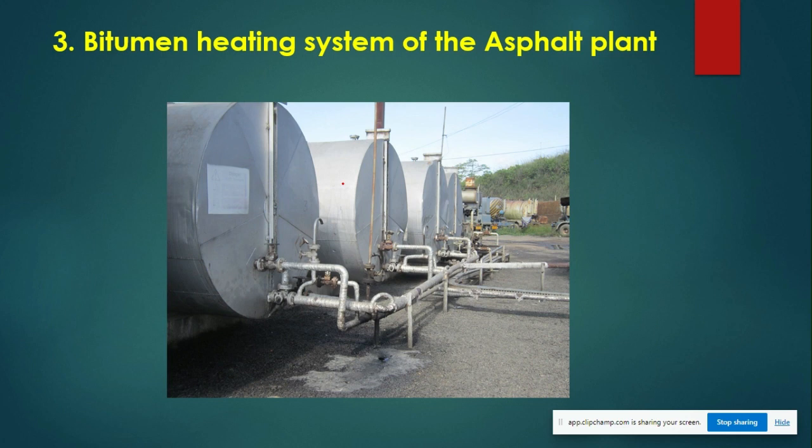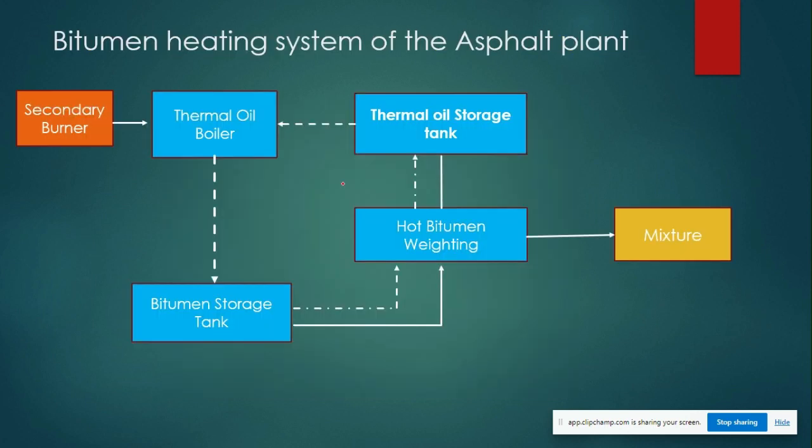Finally, the bitumen heating system is also there in the asphalt plant, the third part, because we need to heat the bitumen before we introduce it to the mixture. This is the flow chart of the bitumen heating system. There is a burner for heating the thermal oil boiler, and then it goes to the bitumen storage tank.